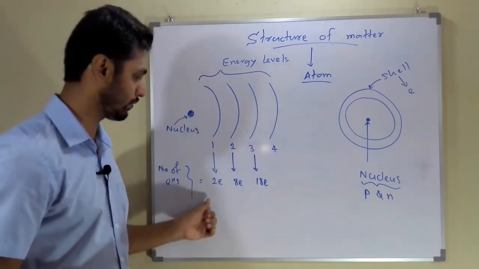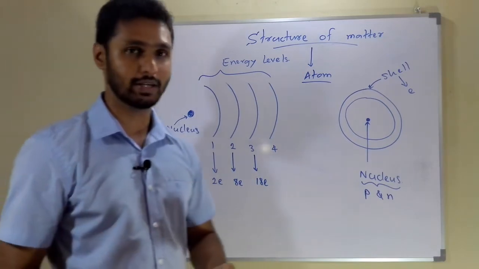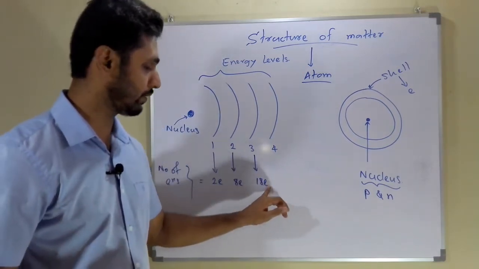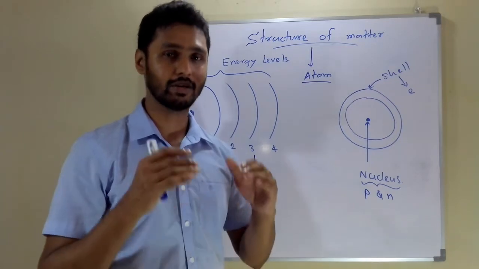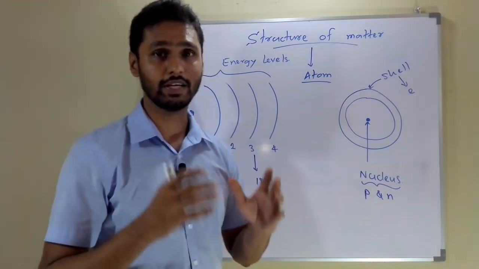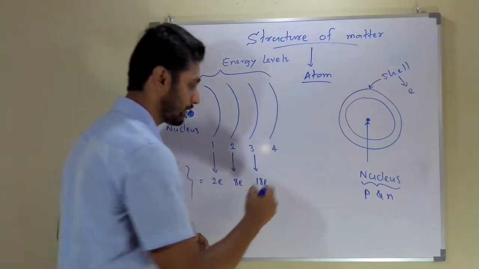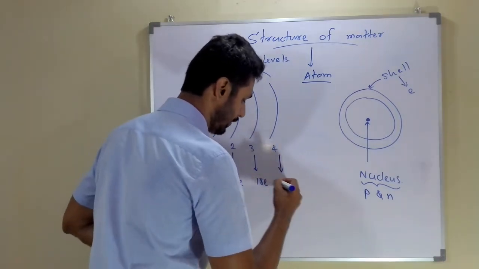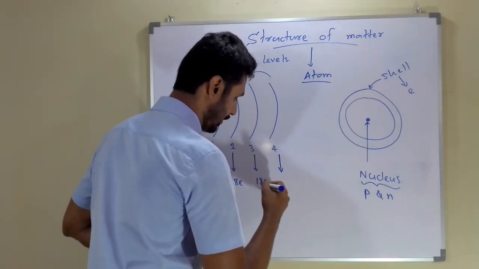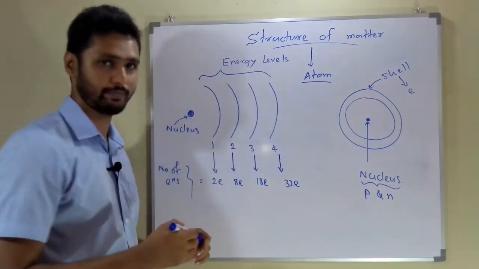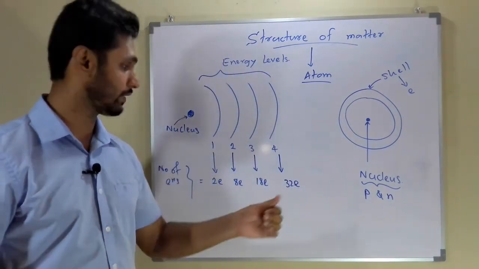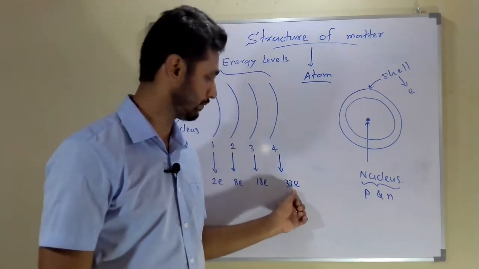There is a pattern you can understand. In the fourth energy level it can keep 32 electrons maximum. Beyond that it cannot hold.